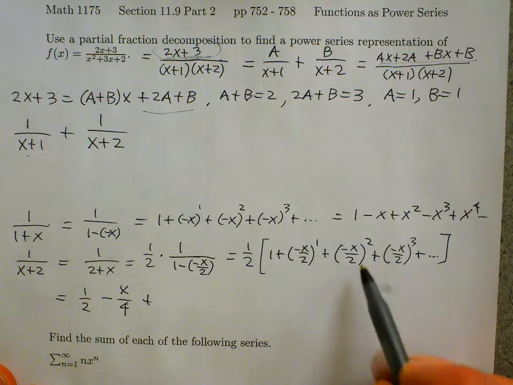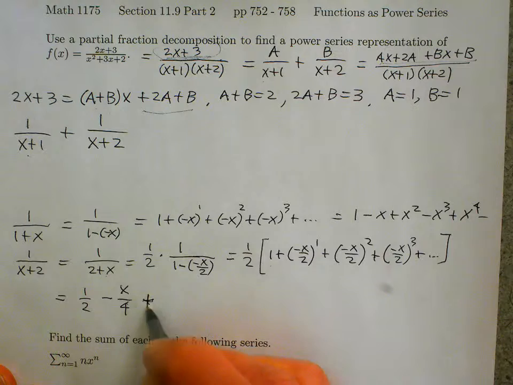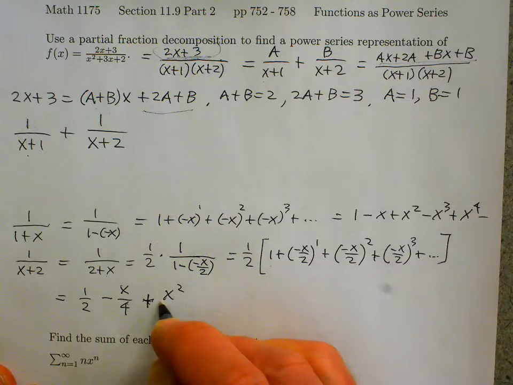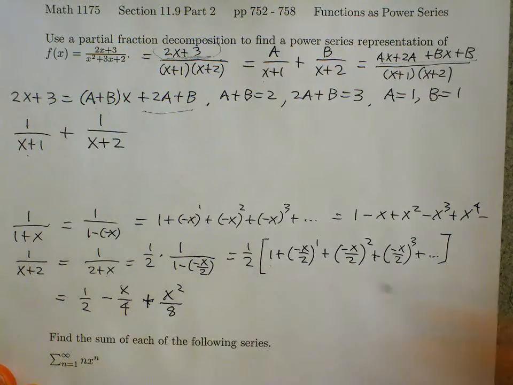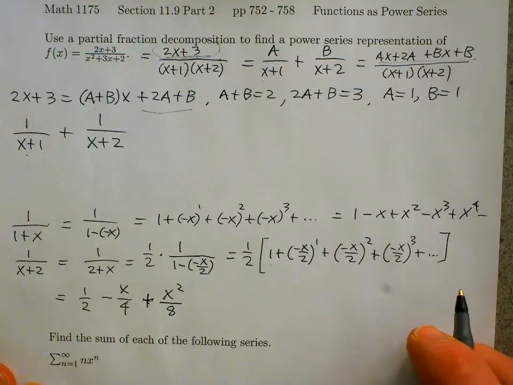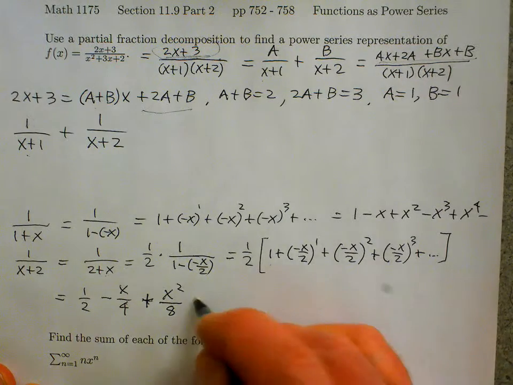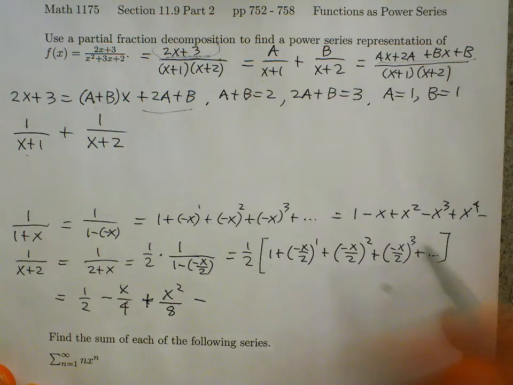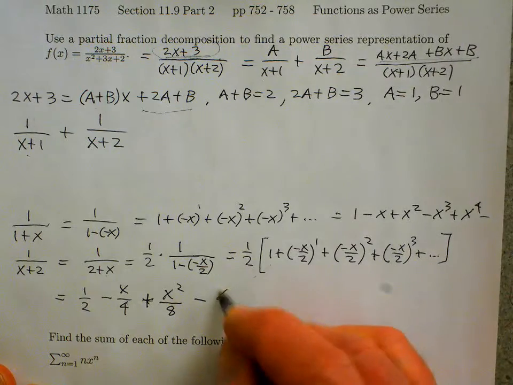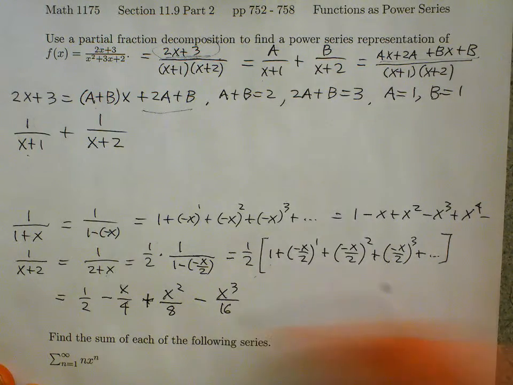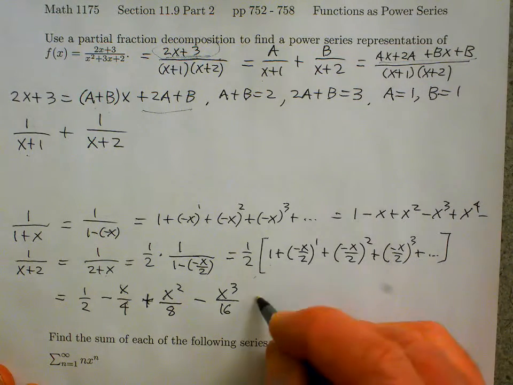And then plus 1/2 times x squared over 4 is x squared over 8. And then minus x to the third over 8 times 1/2 is minus x to the third over 16, and so on.